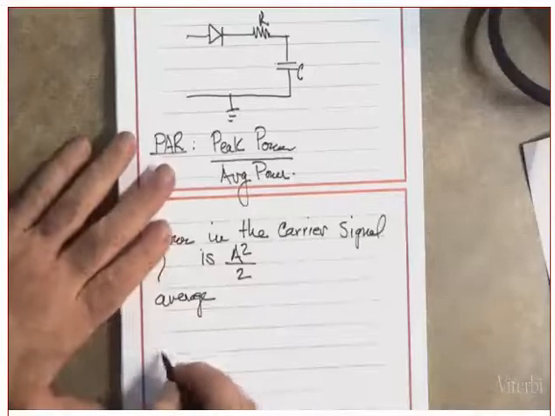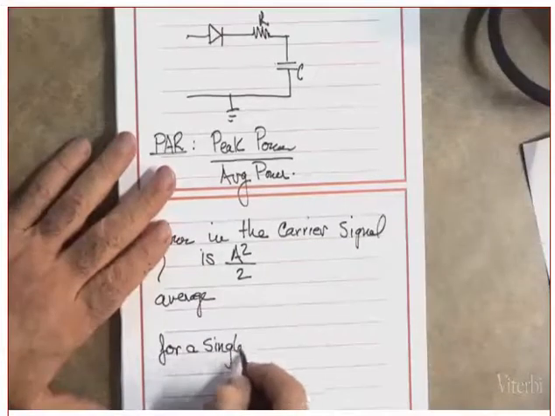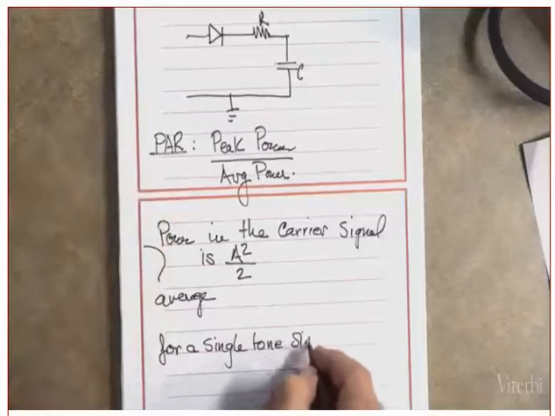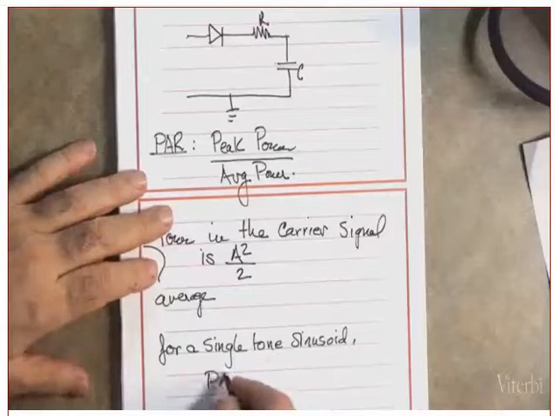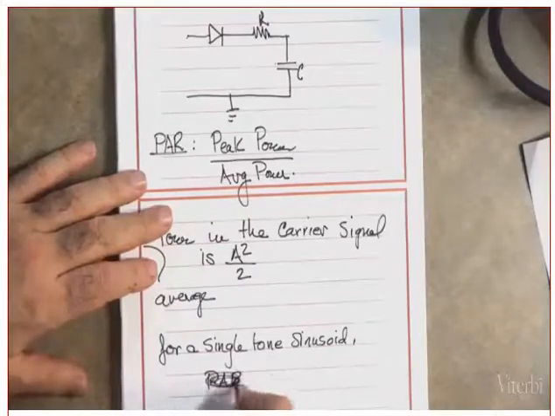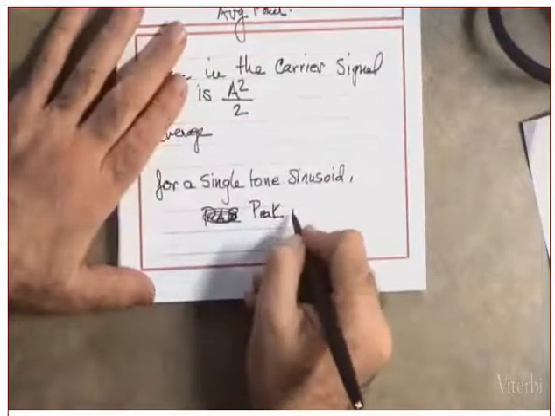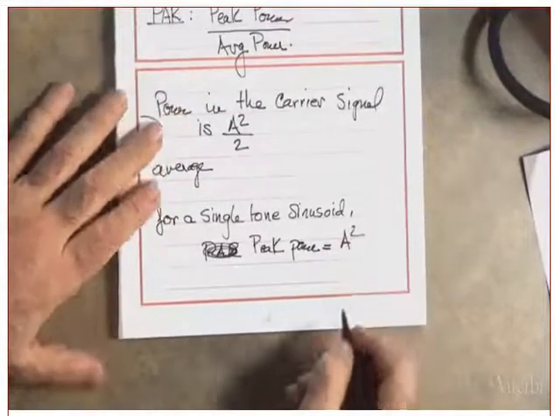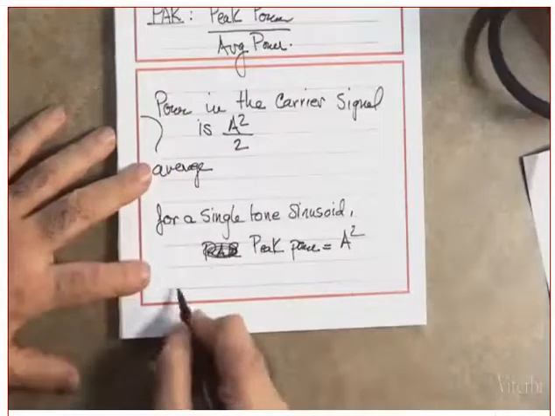So for a single tone sinusoid, clear, clear, which means what? What is the power?